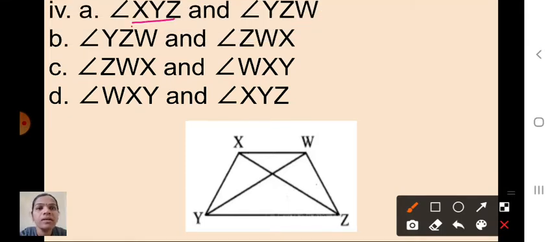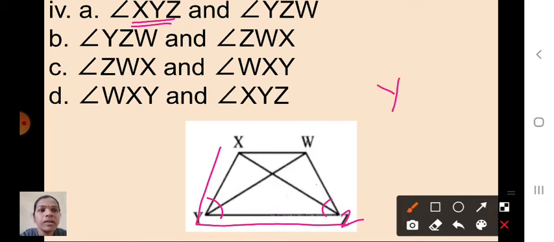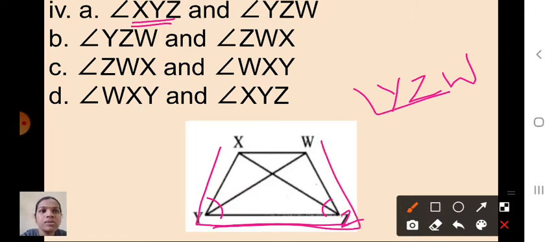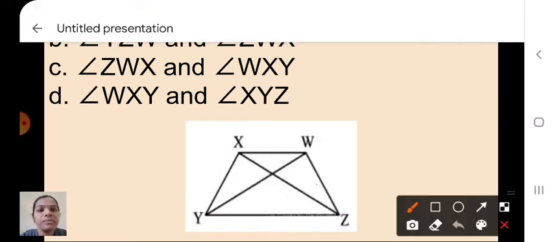Which angle are we mentioning here? Angle Y. What is the adjacent angle of this Y? It is Z. So how do we write it? Angle YZW. So this is one pair. Understood now?